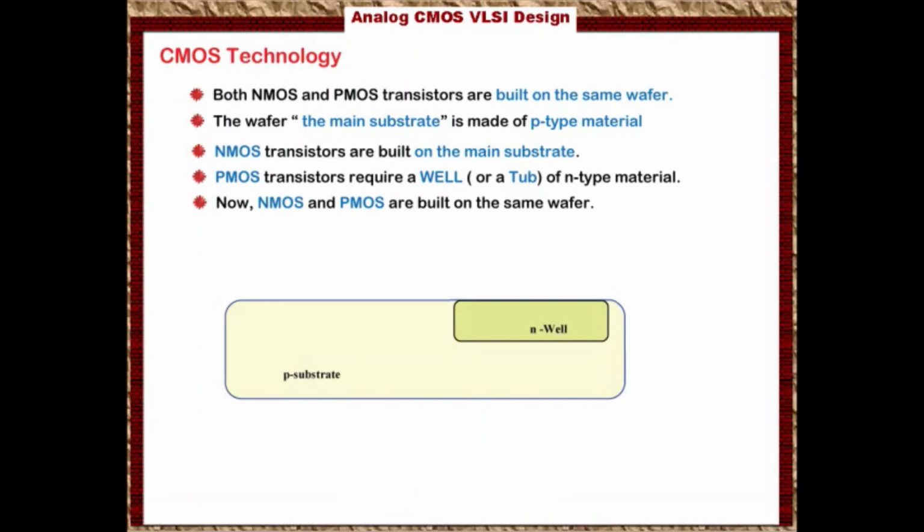So we will start with the NMOS, and what we will do is we will diffuse the heavily doped N+ material to represent the source and the drain, and then we will have the layer of the silicon dioxide and the layer of the polysilicon to represent the gate.